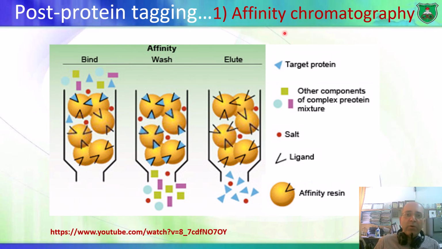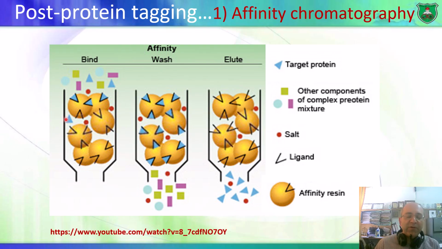Well, we do what is known as affinity chromatography. So basically you have something like a cylinder, and we have these beads, a resin, and you have a ligand, a small molecule, attached to these beads.